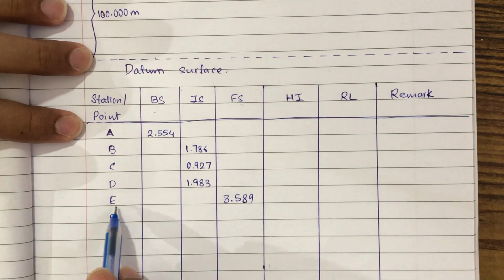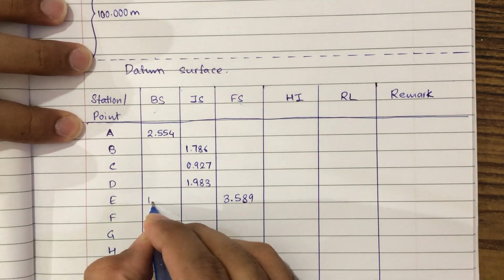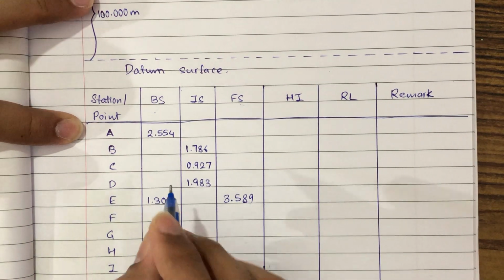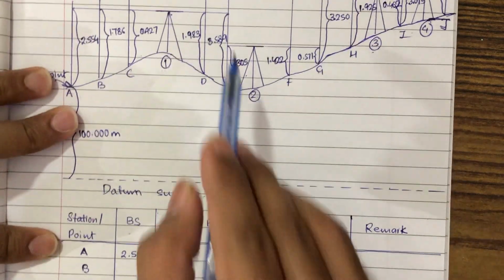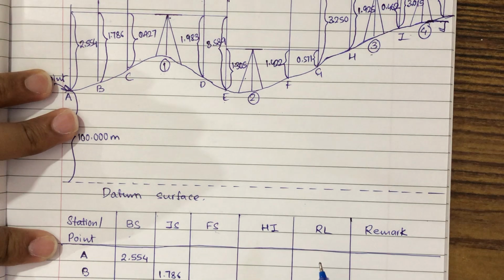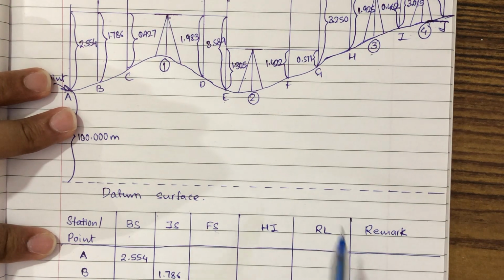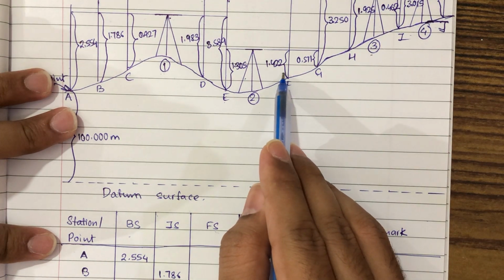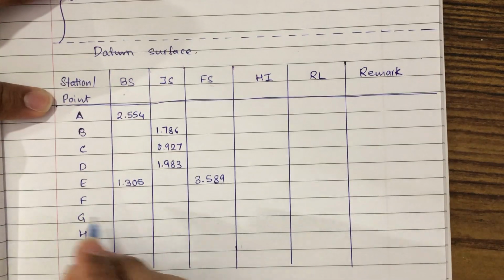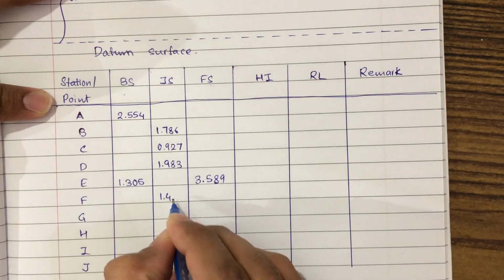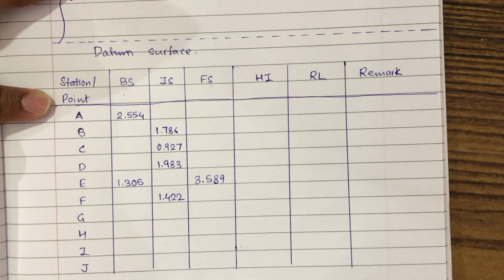See, at point E, it will be written as 1.305. Now the next reading is 1.422. So this is point F. This will be written in the intermediate sight column.